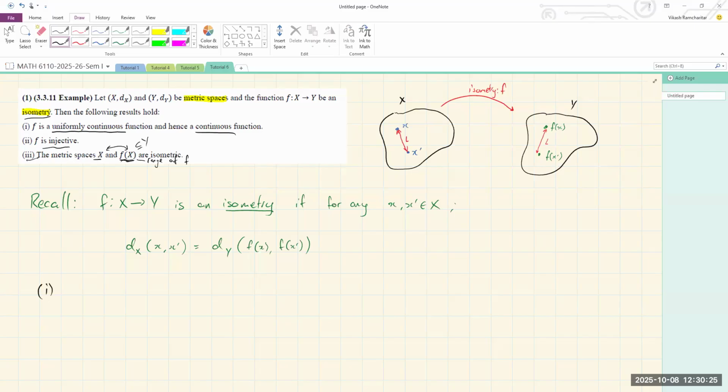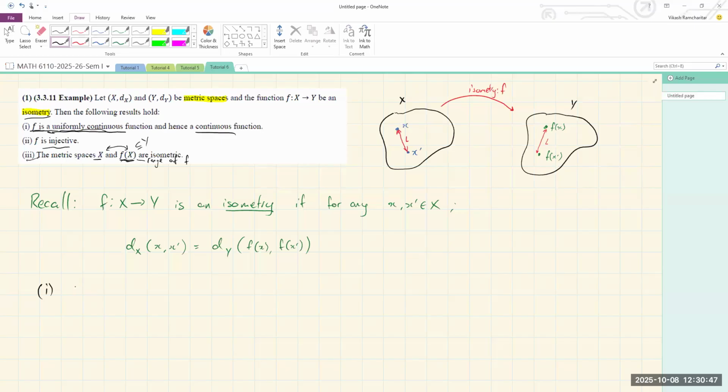So the first one is that I want to show f is uniformly continuous. All of these proofs actually are very straightforward, and they follow pretty much from the definition of what it is you're trying to prove. So for example, if I want to prove any function is uniformly continuous, what does that mean?